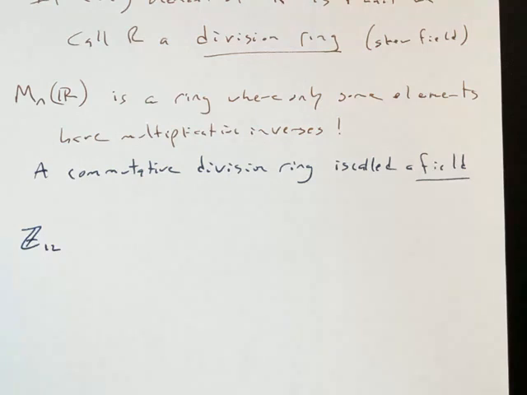Z12 is a ring. Addition mod 12, multiplication mod 12. That's a ring. Does it have any units?